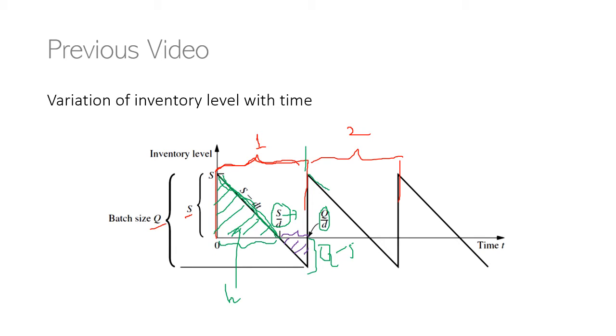During the purple portion, as there is a shortage, a shortage cost is incurred by the company, which we are going to represent by small p. This is what we have seen so far. Using these notations and concepts, we are going to develop a mathematical model in this video for the EOQ model with planned shortages.